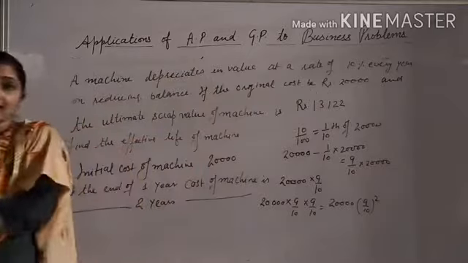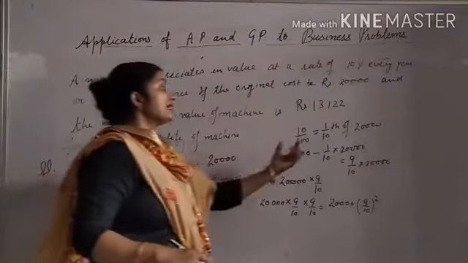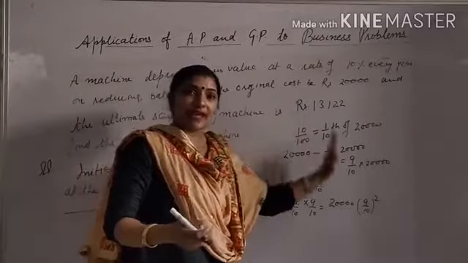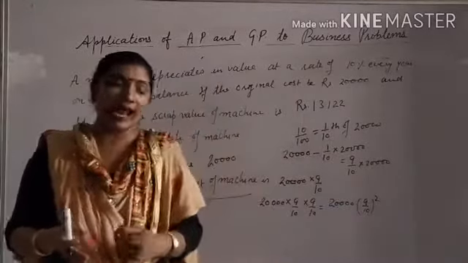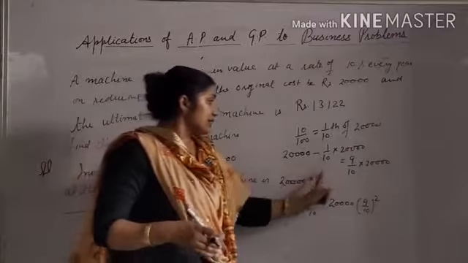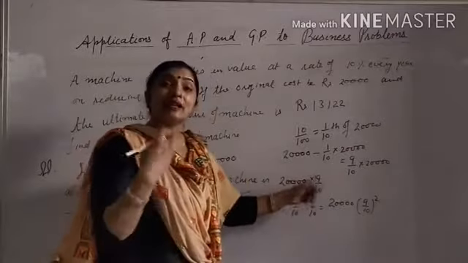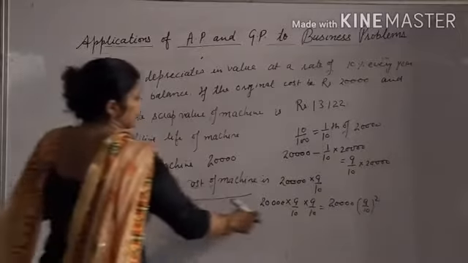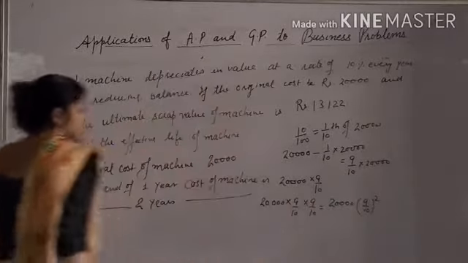Is it clear? The price will be the initial price minus the reduction. At the second year, this is the balance and its 1 by 10 will be reduced. So the value at the end of the second year will be 20,000 into (9 by 10) square.